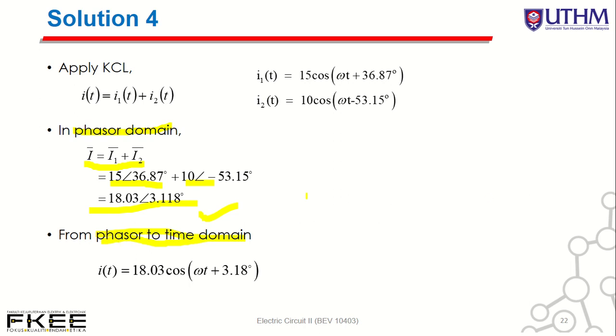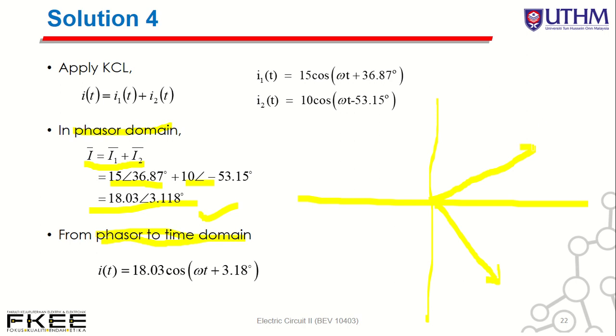Okay, so boleh draw dia punya phasor diagram for I1, I2 and I. Okay, cuba draw phasor domain untuk I1, I2 and I. Okay, cuba draw this is I1 36, I2 minus, let's say here I2.